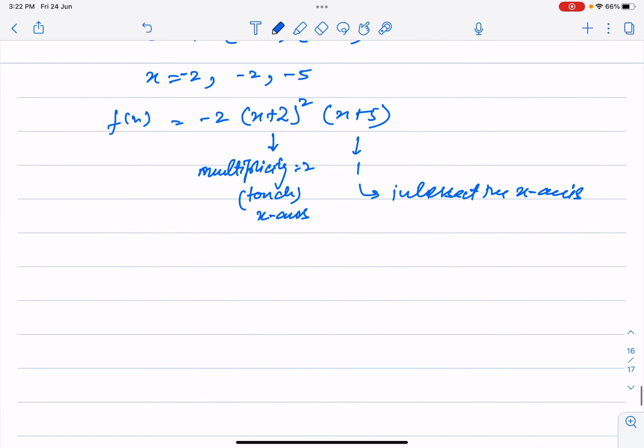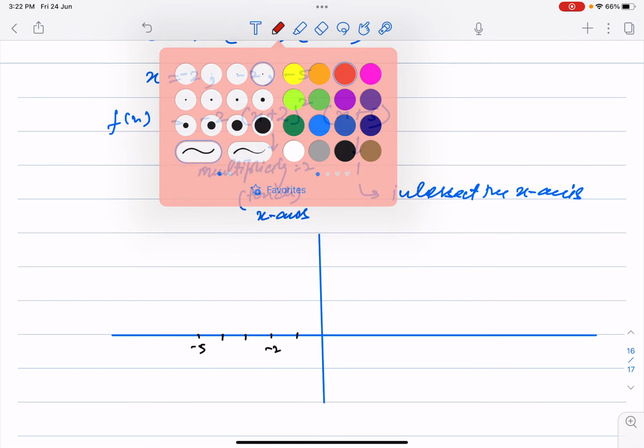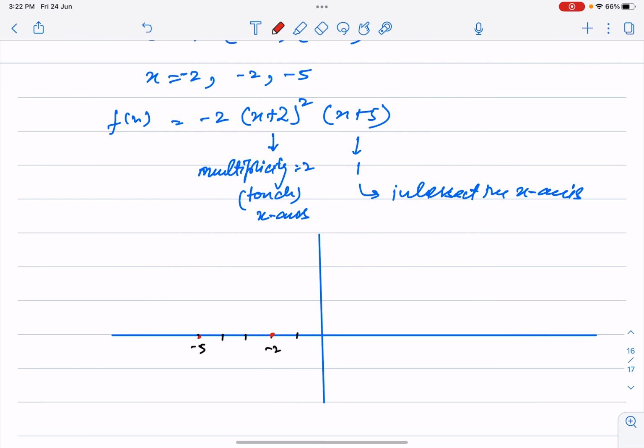Now let's try to draw this. Minus 2 and minus 5. This is minus 1, minus 2, minus 3, minus 4, minus 5, and minus 2. So these are your roots.